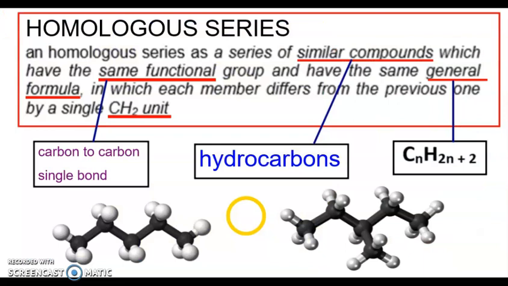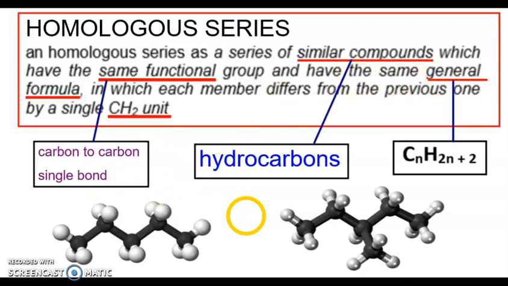If we look at the definition for a homologous series from the CAPS document, it says a homologous series is a series of similar compounds. So the similar compounds are all hydrocarbons, which have the same functional group. Now remember, for alkanes, the functional group is the carbon-to-carbon single bond. That's what identifies it as an alkane.